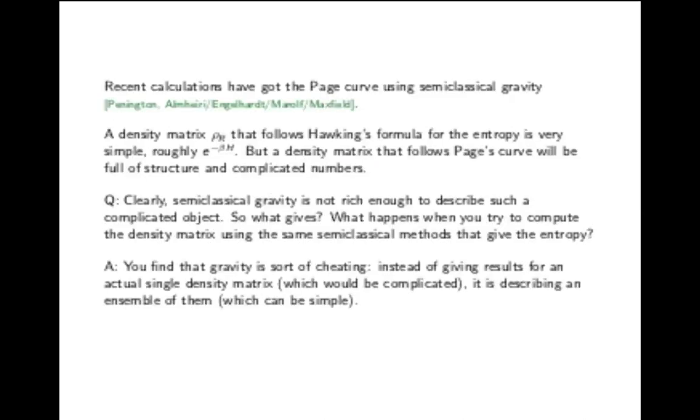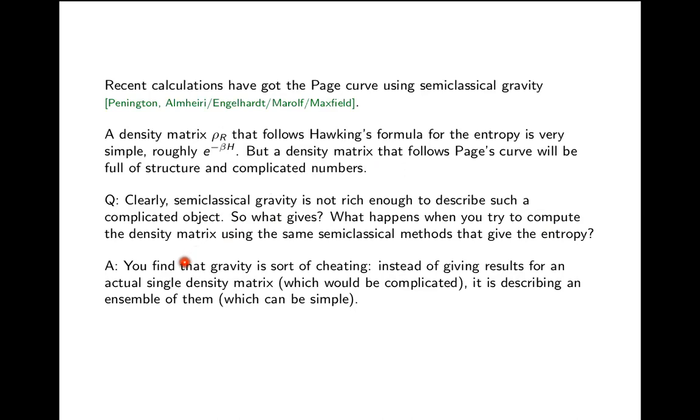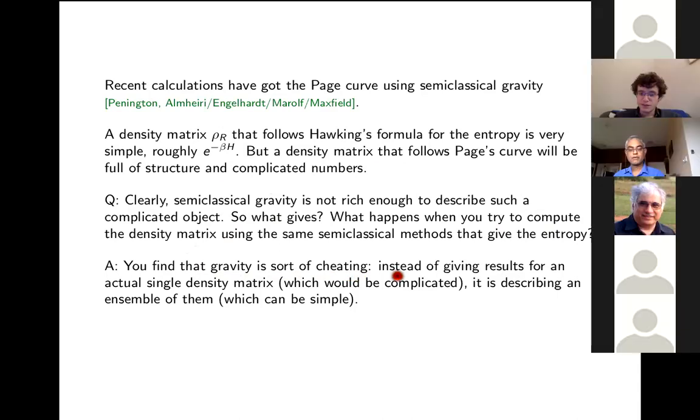The thing I'm going to discuss in this talk is that what you find when you try to compute the density matrix is that gravity is sort of cheating. Instead of giving the answer for an actual single density matrix, which would be complicated and full of interesting structure, it's describing an ensemble of them, which can be simple. As an example, let's imagine that we are trying to pick some kind of a vector in a very high dimensional space.